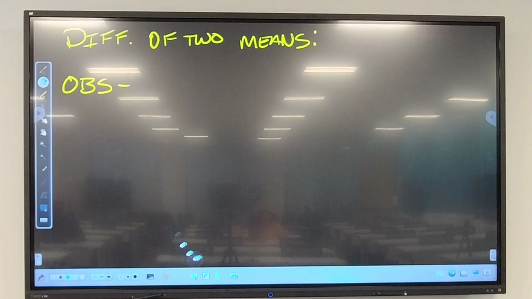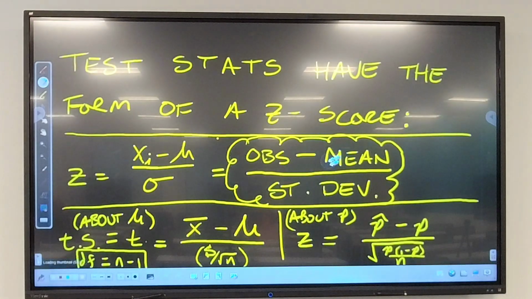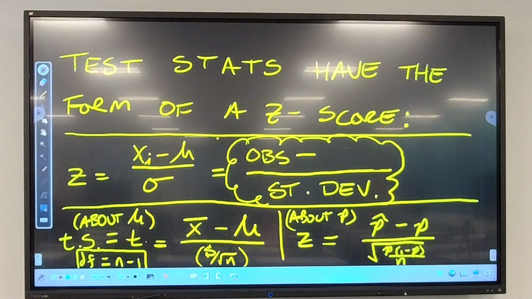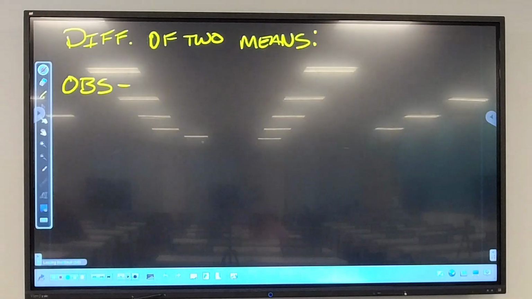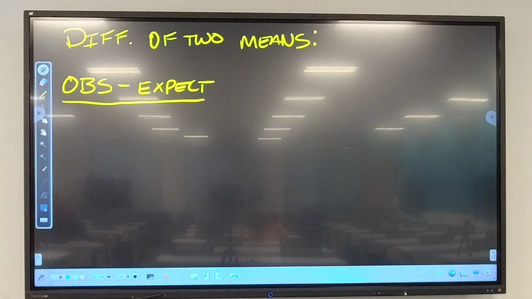And let me exchange this word mean for something else, because what we say when we mean mean is it's like the expected. This is where we expect to see it. You would expect to see something near its mean. So the observed minus the expected over standard deviation. It's going to have this form.